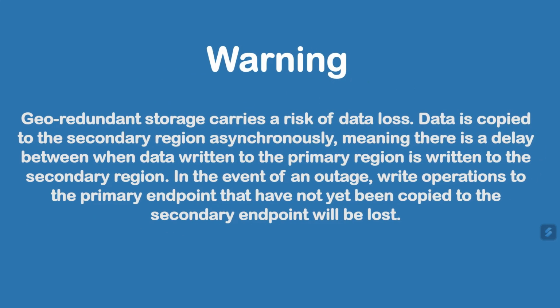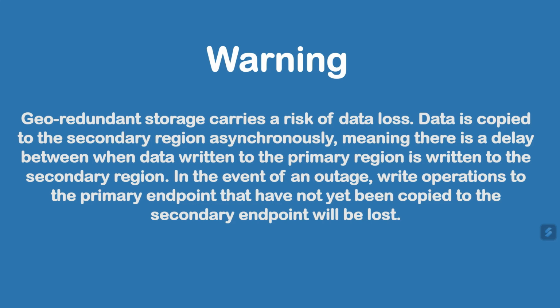There is a warning and it is very critical. Geo-redundant storage carries a risk of data loss. Data is copied to the secondary region asynchronously. As I already told you in the last video, asynchronously means that there is a delay between the data being written to the primary region and being replicated to the secondary region.